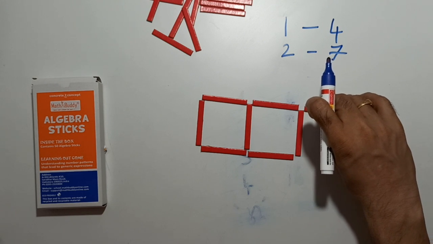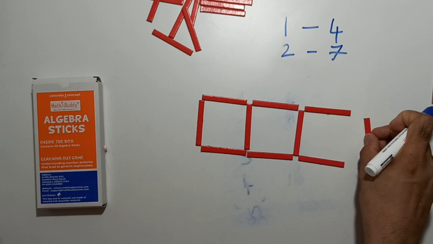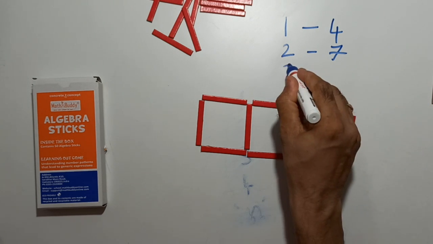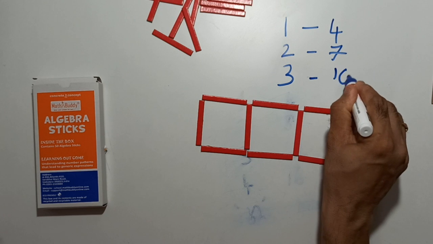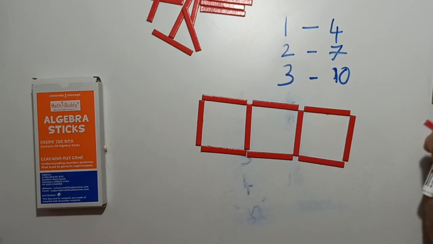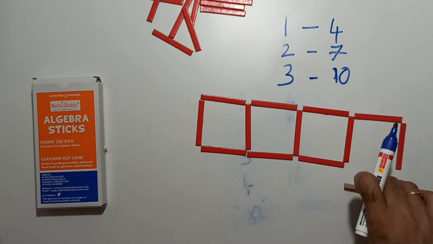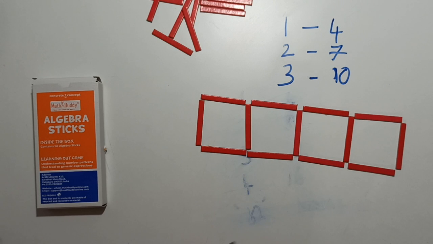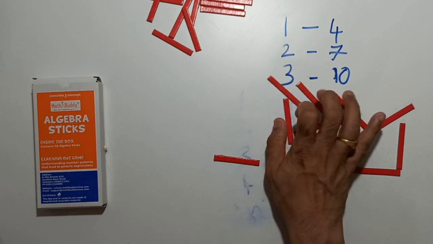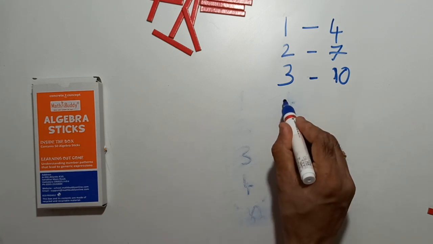If I need one more square joined to this, how many sticks will I need? For 3 squares, I will need 10 sticks: 4 plus 3 plus 3. And then if I need one more, I will need another set of 3 sticks. So using this, can we find how many sticks will I need if I want n squares?